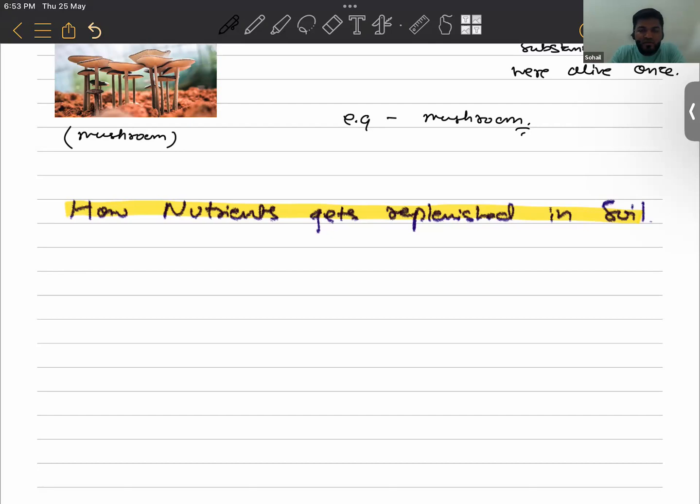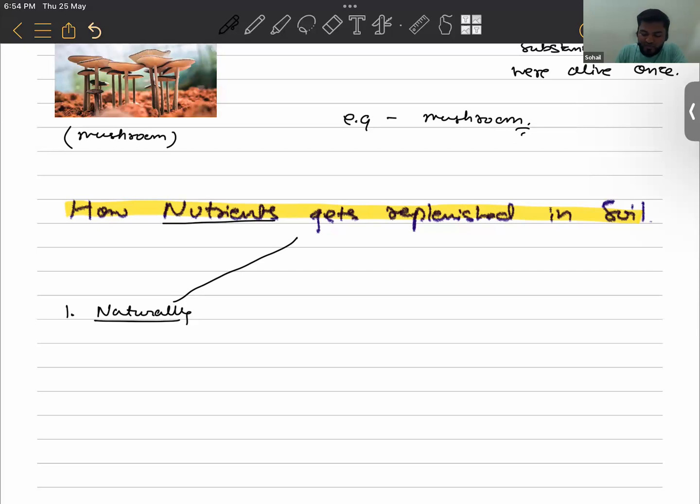Can you suggest some natural methods of increasing the nutrients in the soil? There are two ways. One is we can naturally increase their fertility. Okay. By nutrient, we are basically referring to the fertility of the soil. If the soil is more fertile, it will have more nutrients. Okay. And vice versa.